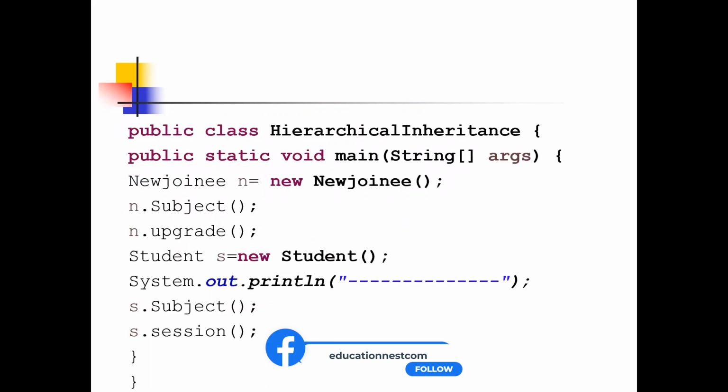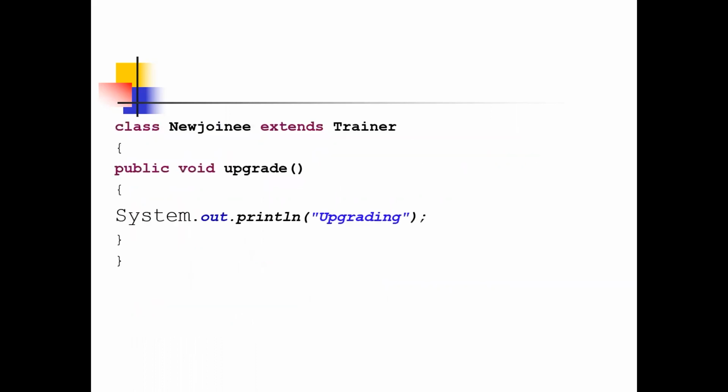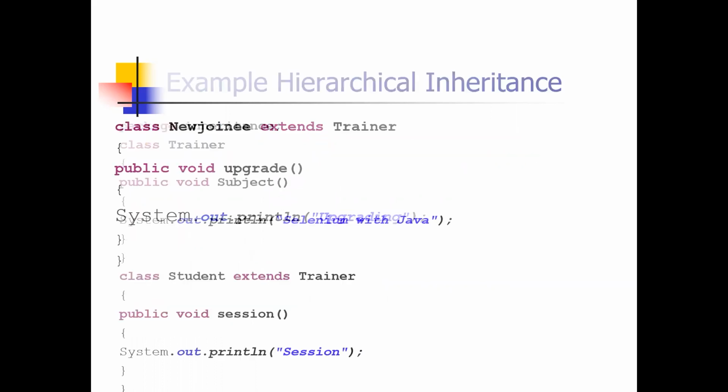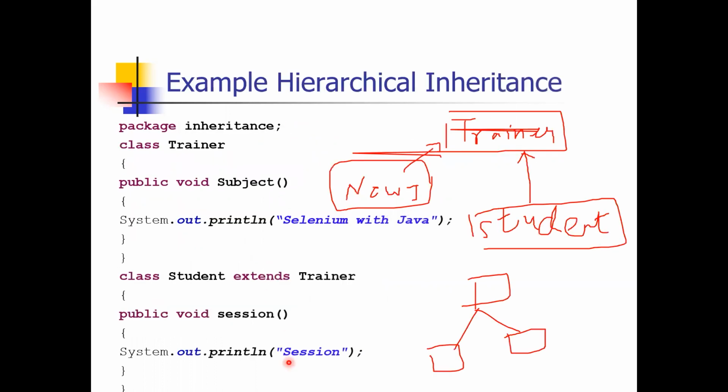Okay, now next s dot subject. Java will understand what s is. s is the object of the student class, so it will jump to the student class. Here the method is session, but we have entered s dot subject. So since the student class extends trainer, it will jump to the trainer class.